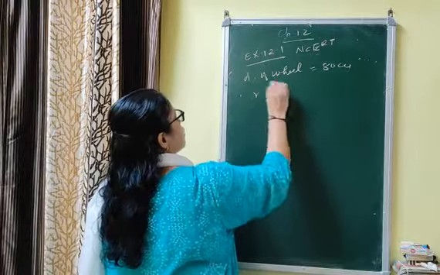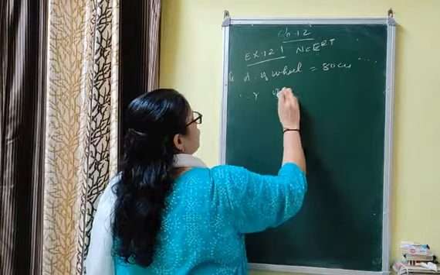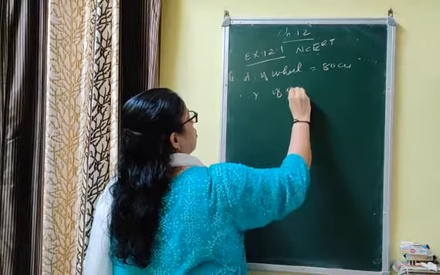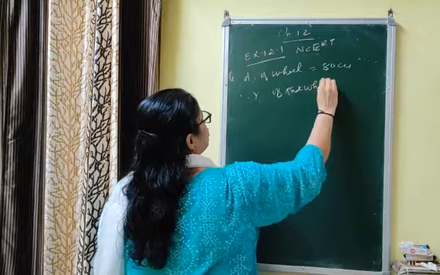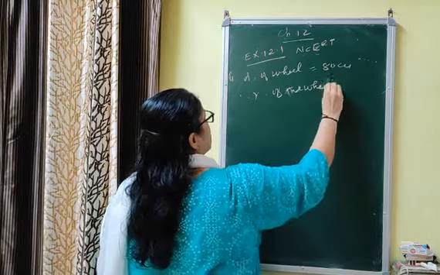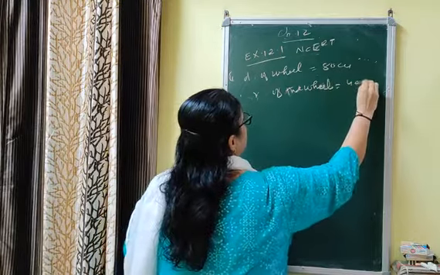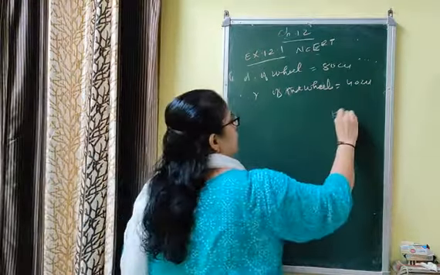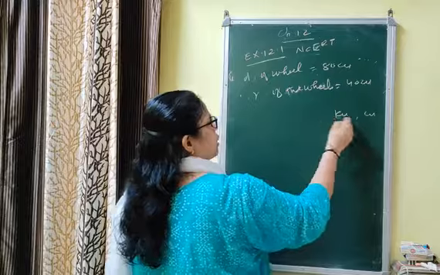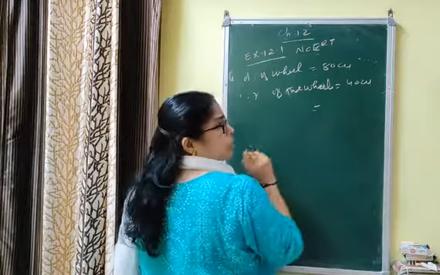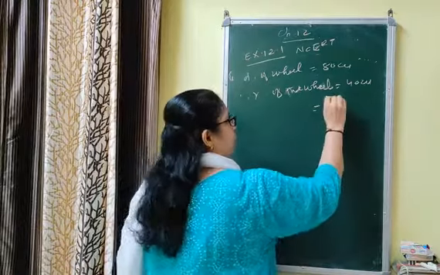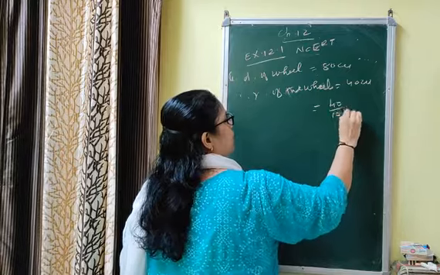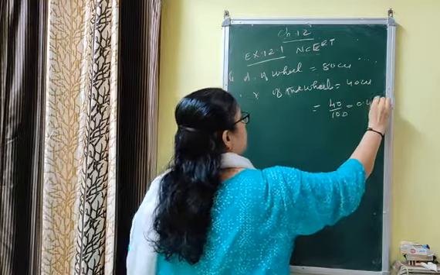Therefore radius of the wheel of the car is equal to 40 centimeter. Speed is given in kilometer and this is given in centimeter. So let us convert these two into meter. How we can convert centimeter to meter? By dividing by 100. 40 by 100, that is 0.4 meter.